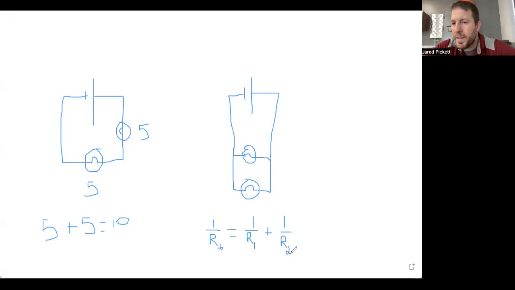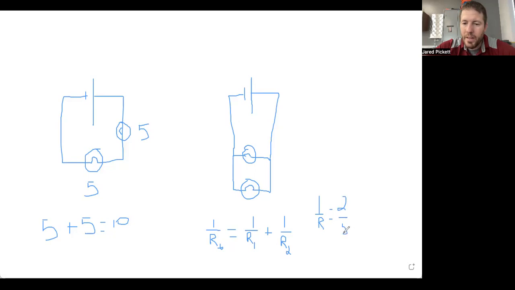Now, when I plug this stuff in, I would plug a 5 here and a 5 here. And when I plug both the 5s in, I get 1/5 plus 1/5 is equal to 1 over RT. And so I end with 1 over our total resistance is equal to 2 over 5.